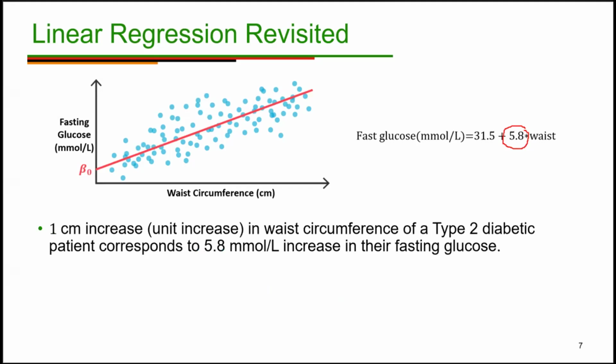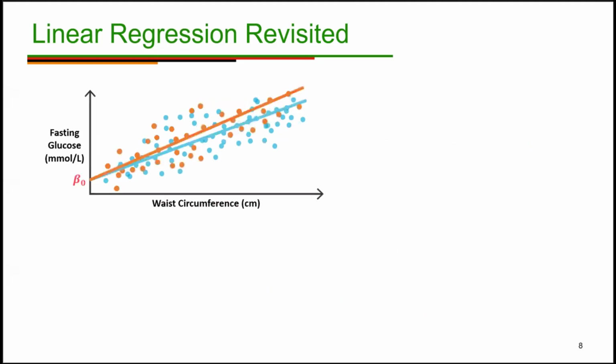So it's for every 1 centimeter increase, which is your 1 unit increase, right? Because our waist circumference is in centimeters. Of a type 2 diabetic patient, the corresponding increase in their fasting glucose would be 5.8 millimoles per liter. So just to specify what that 1 unit increase would be.